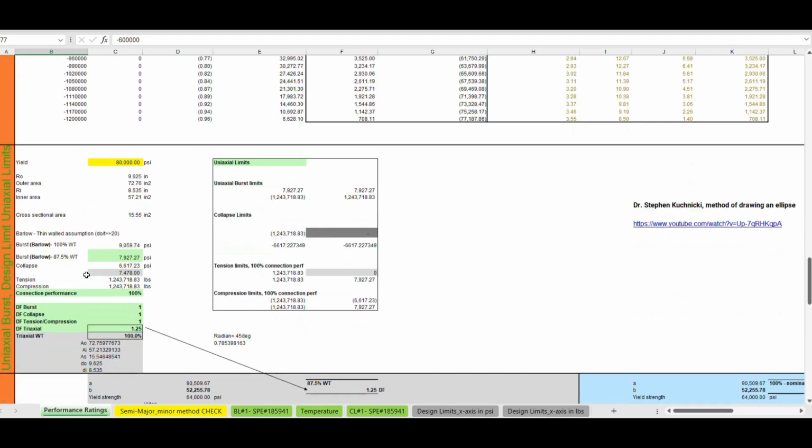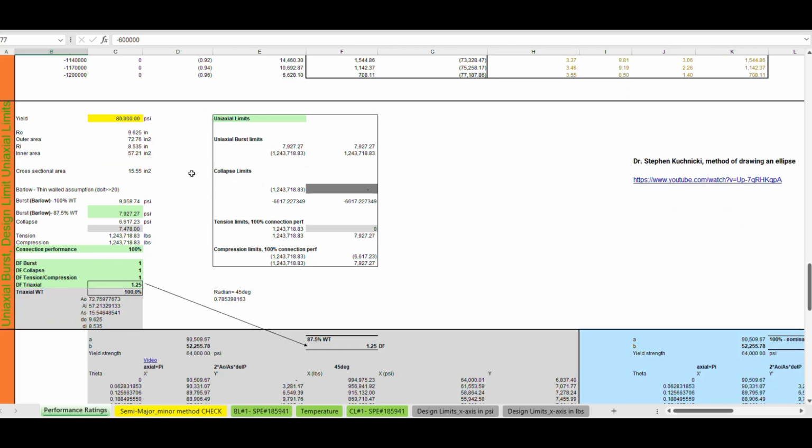On the next one, I put the uniaxial design limits, to be able to populate the uniaxial limits on our design limit plot, right? So I have the uniaxial burst limit, so I use the Barlow equation here, including 87.5%.